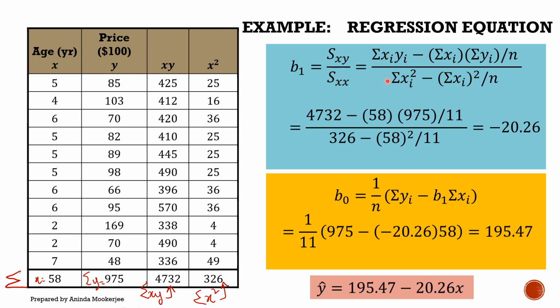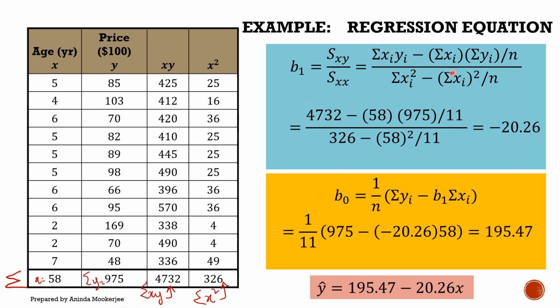But in sigma x sub i times y sub i, this i represents the individual x values. We can just ignore them and write it as sigma x times y. So we are going to plug in 4732 into the first term of the numerator, and that's what I have here.